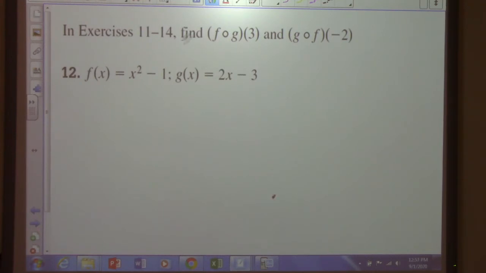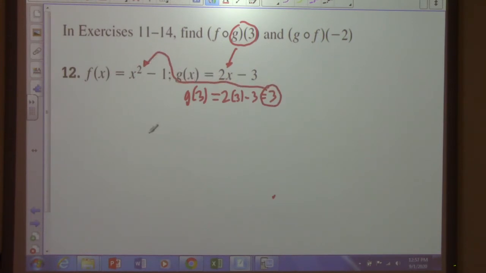Okay, first thing we're going to do is take f of g of 3. So we're going to take g of 3, this right here. So we get 2 times 3 minus 3 equals 3, right? And then we take this 3 and run it through in place of that x.